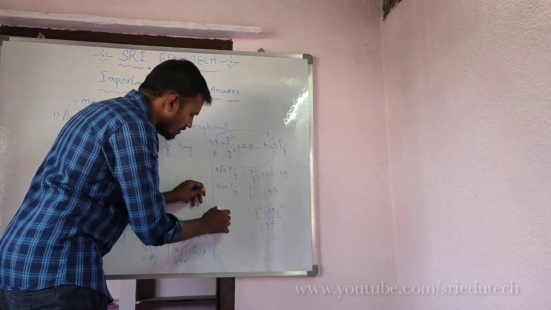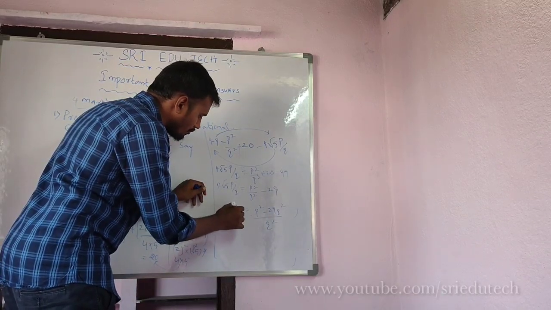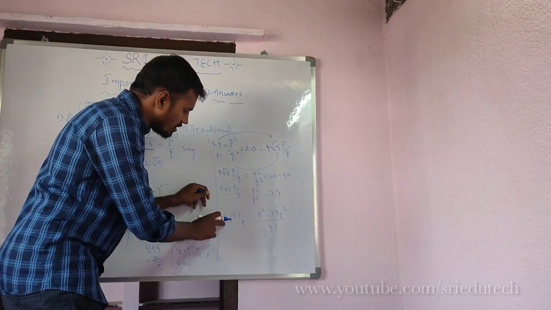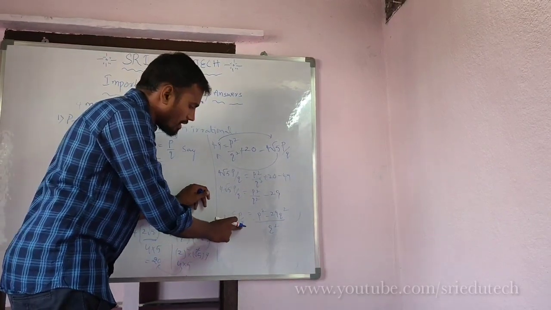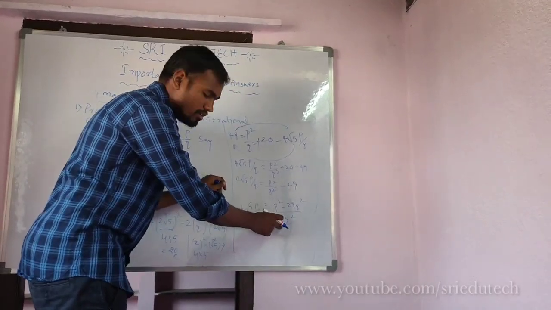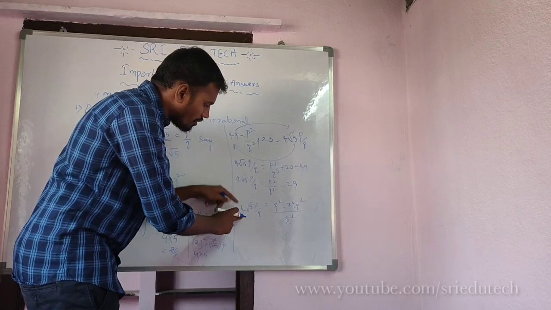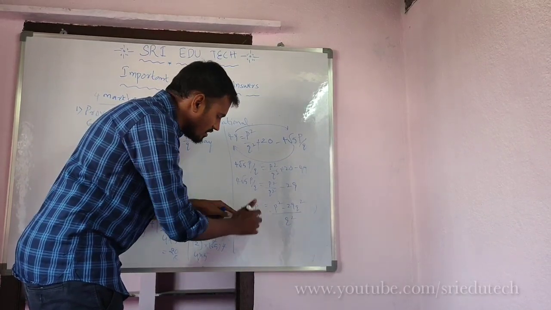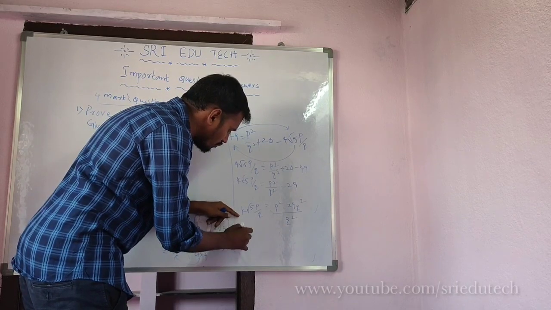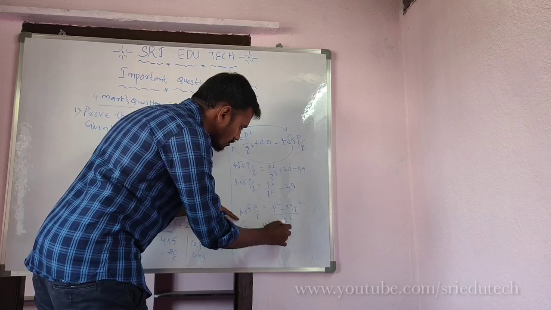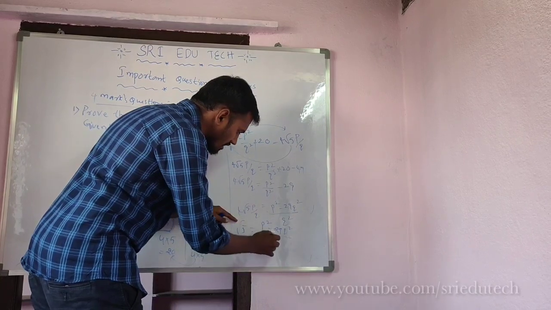Okay, then what is LHS? 4 root 5 p by q. Okay, now this 4 root 5 p by q is equal to p square minus 29 q square by q square. Now 4 and p by q transfer to RHS. See, then root 5 is equal to p square minus 29 q square by q square.